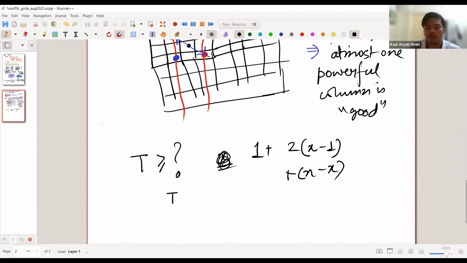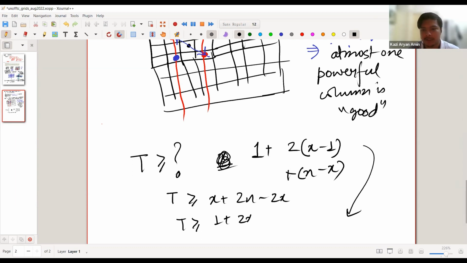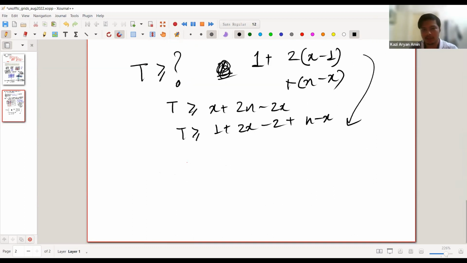So this gives you two inequalities. That is what we got last time, and this is what we get this time. E is at most 1 plus 2x minus 2 plus n minus x. So when you sum them up, I think it gives you 2t is at most, does it give you?